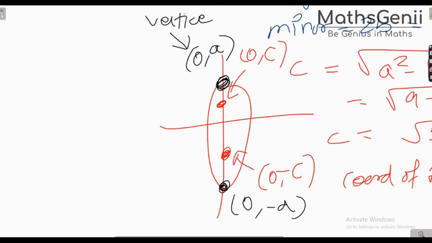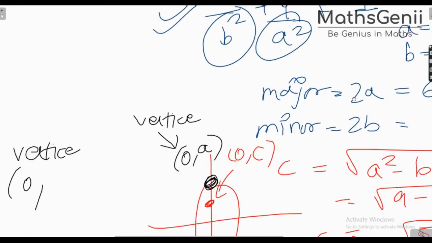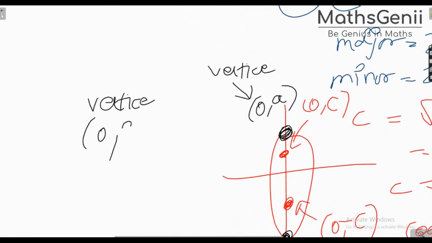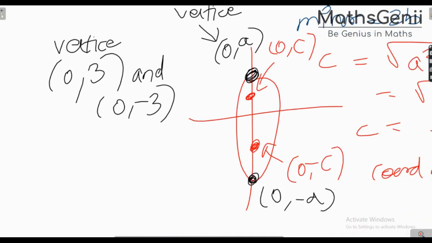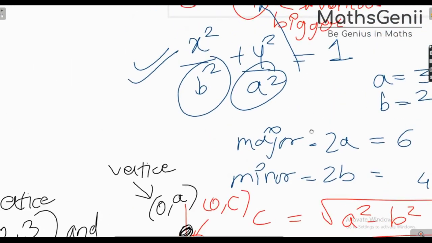What is a in our case? The answer for the vertices is (0, a), with a being 3, and (0, -3). So the formula changes according to your vertical or horizontal ellipse. But since you have understood the diagram, you never have to mug up any formula. Just draw the diagram and you will understand.